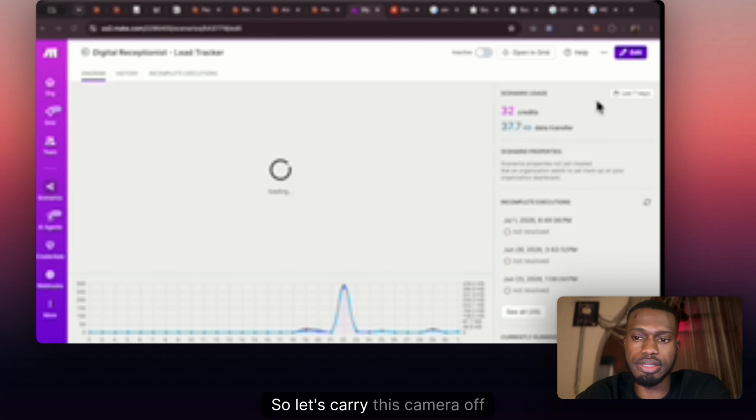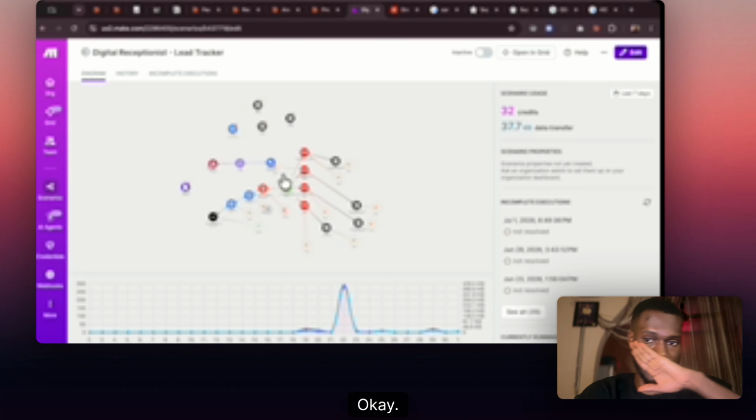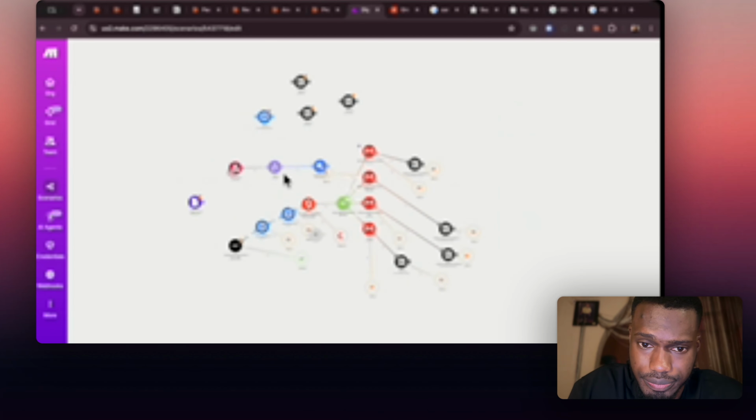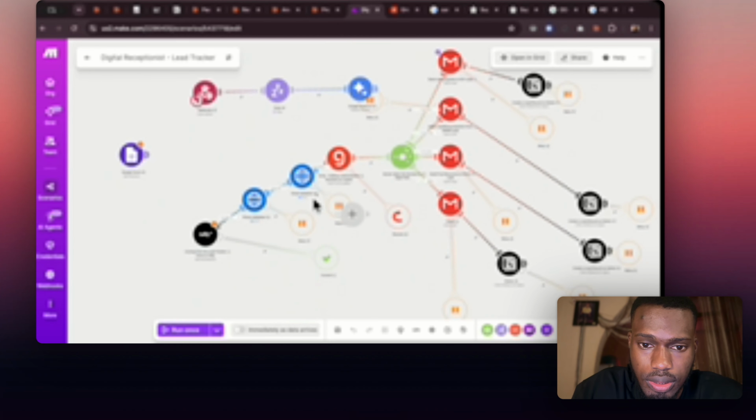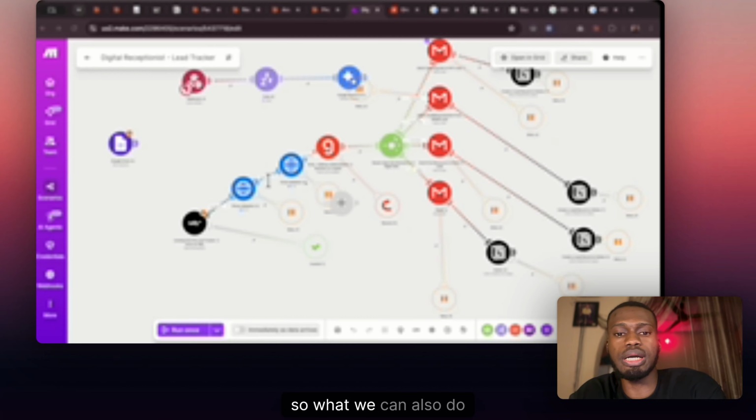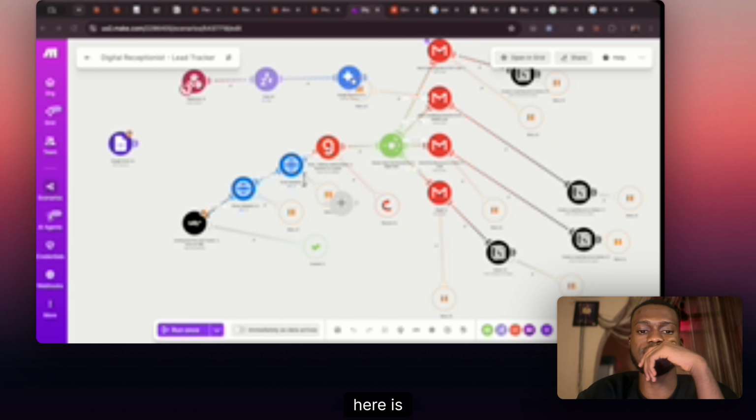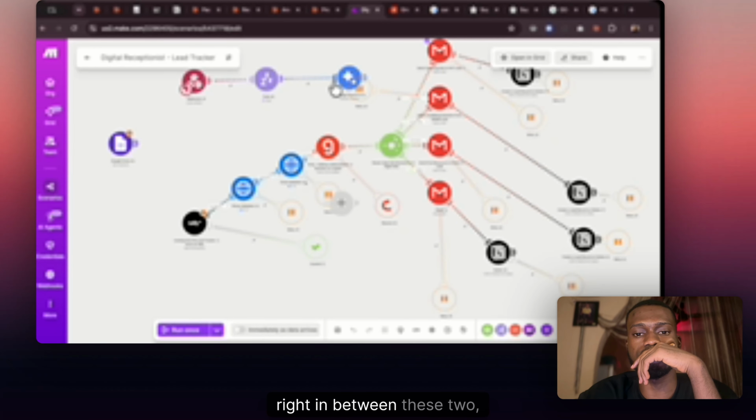So what we can also do is right in between these two, what we see here, right in between these two, we've added this.